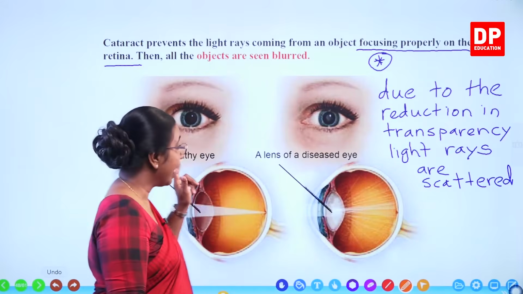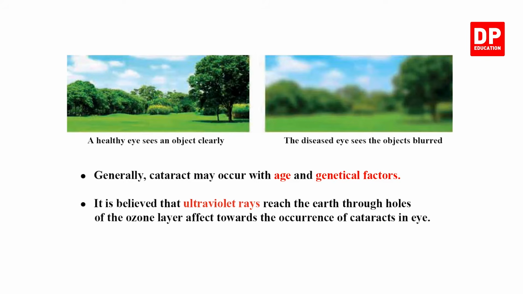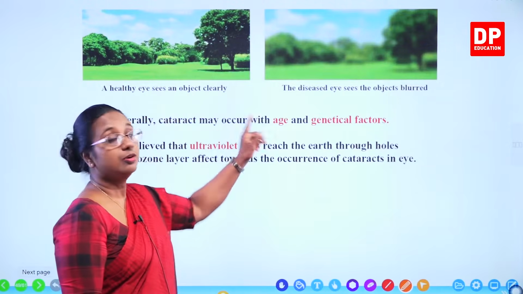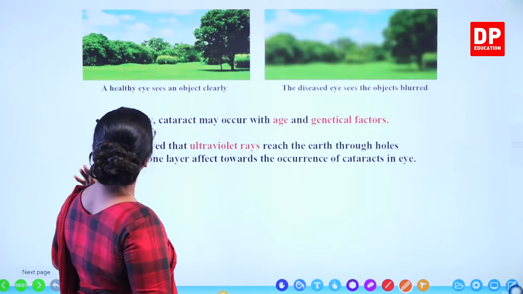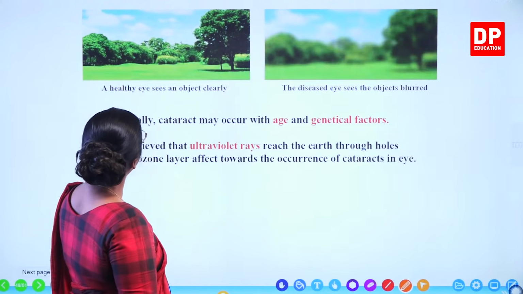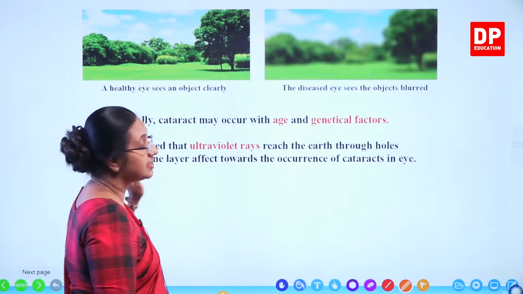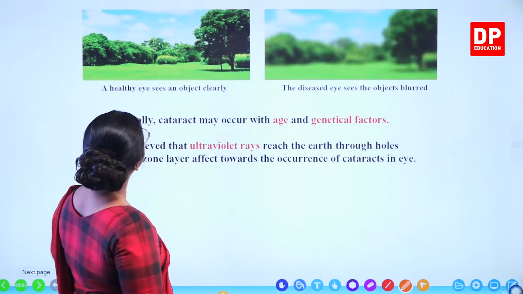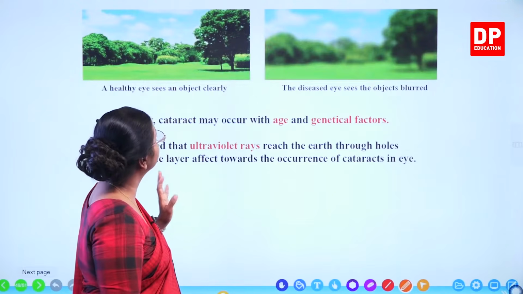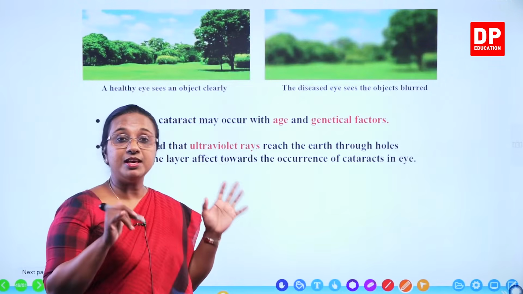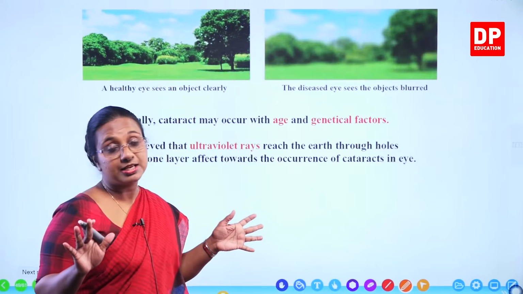Now, we will try to understand how this vision changes. Look at the two pictures here. The first diagram, you can see a very clear scenery. That is how a healthy person, a person with healthy eyes, sees the object clearly. So, he or she can identify the trees, all the scenery, everything, all the objects are clear to them.